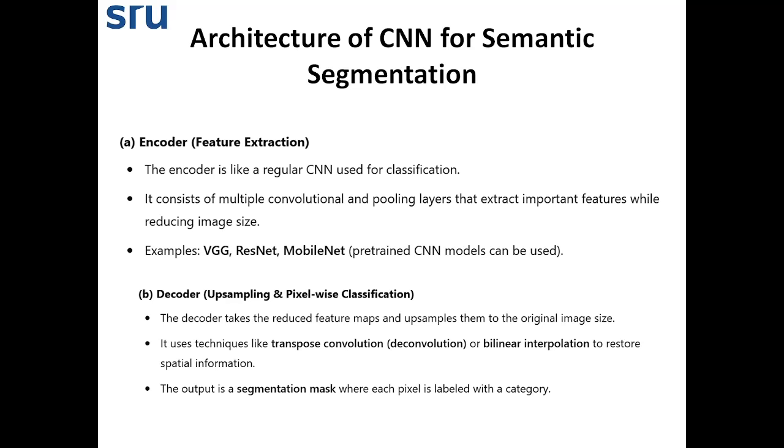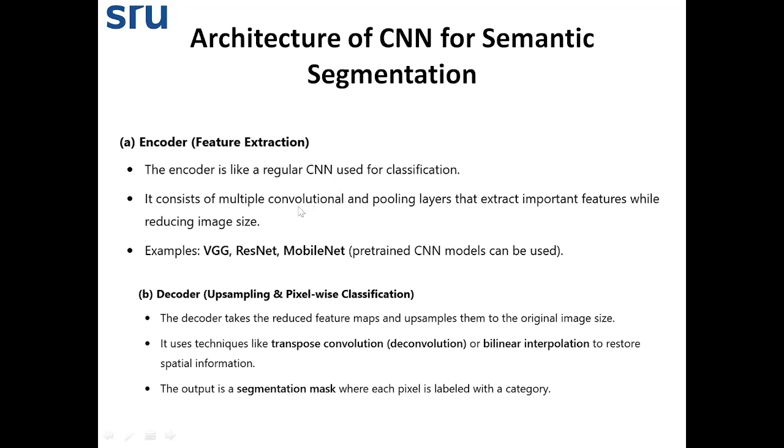Now we will see the architecture of CNN, that is, convolutional neural network, for semantic segmentation. First here is the encoder. It is used for feature extraction. It works like a regular CNN for classification.